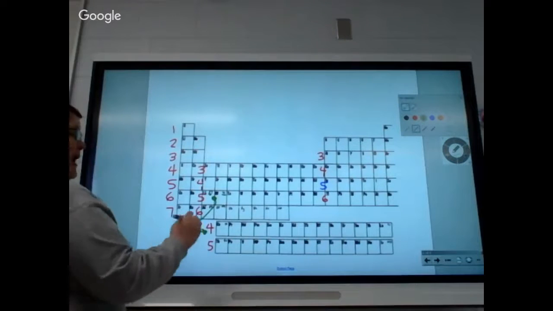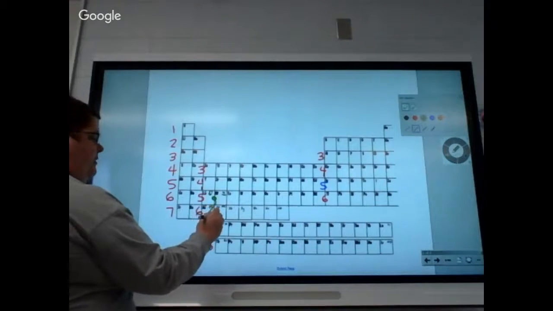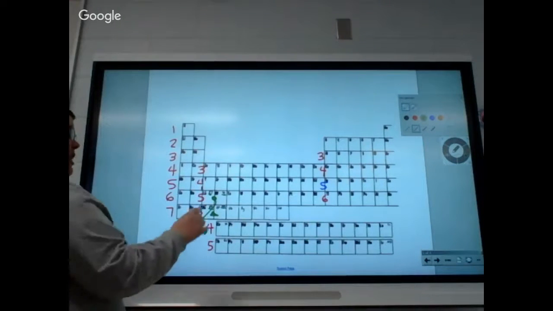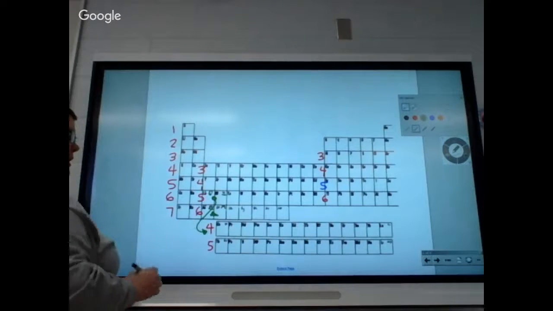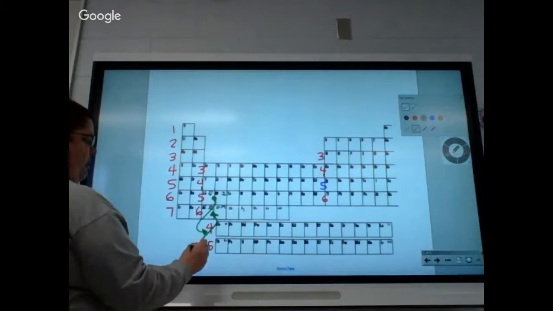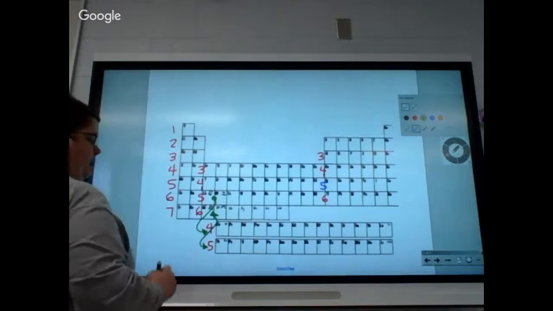The same thing happens when we get to number 89. Number 89 here jumps to number 104. We don't jump from 89 to 104 on the periodic table. So when we get to number 89, we have to come down here and go to number 90.